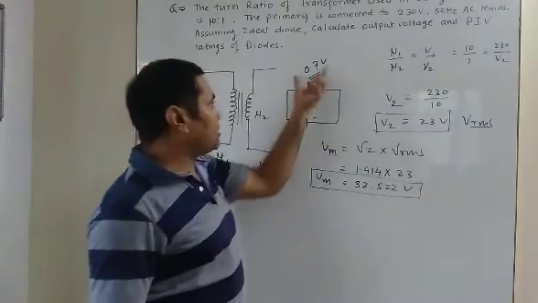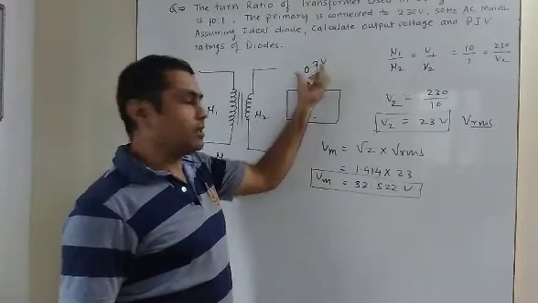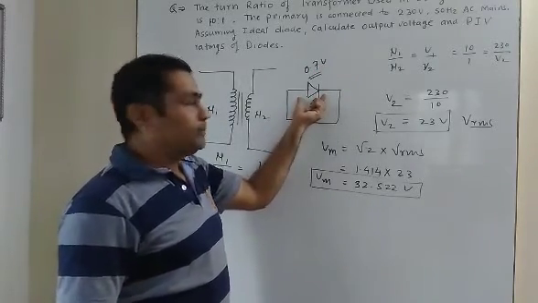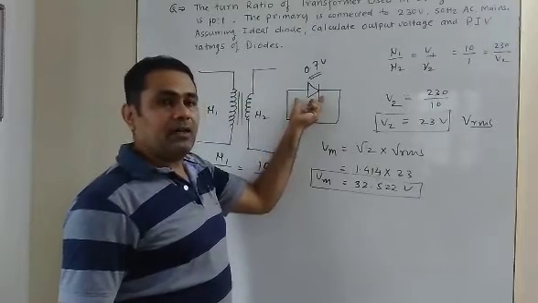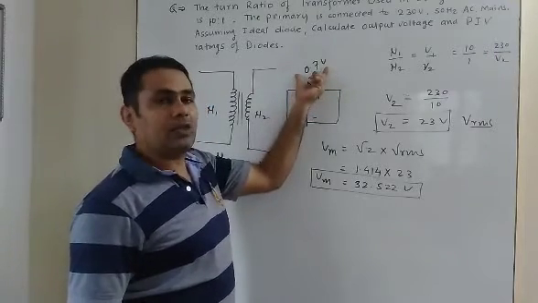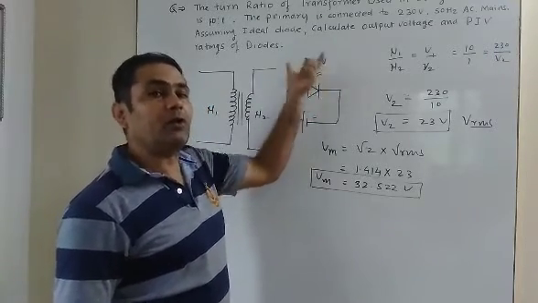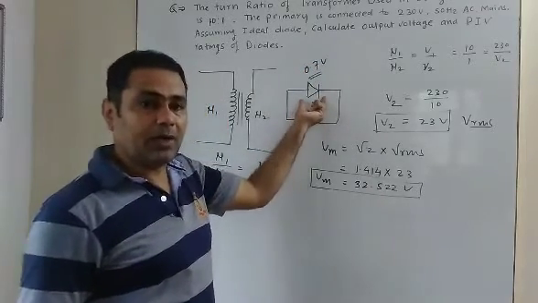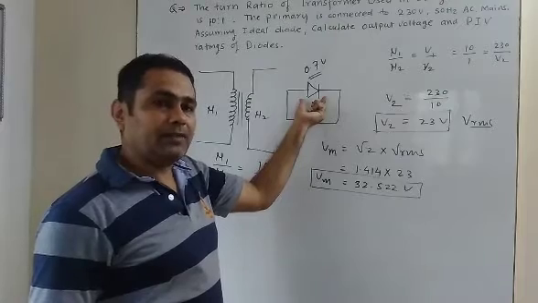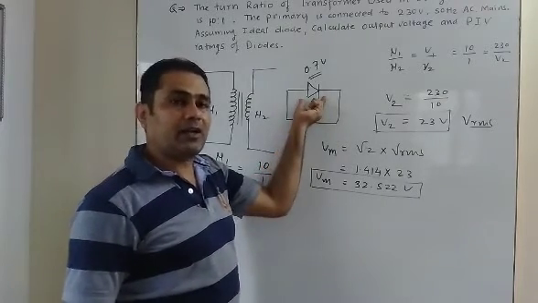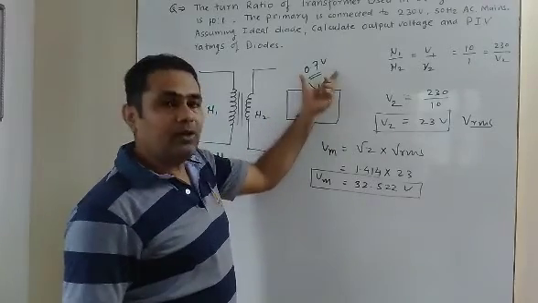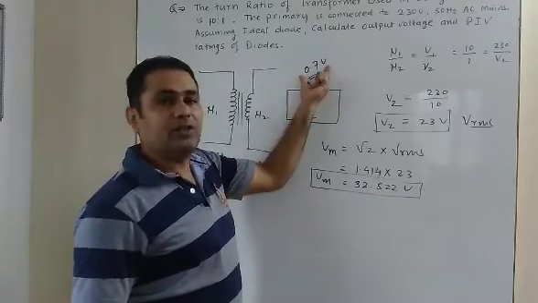That means this 0.7 volt is dropping across the depletion layer. So the resistance of the depletion layer is opposing this much voltage, and this voltage will be dropped across it. So this diode has a resistance when it is forward biased. When the diode is forward biased, this resistance is called the forward resistance, and this resistance has some value, due to which it will drop the 0.7 volt.